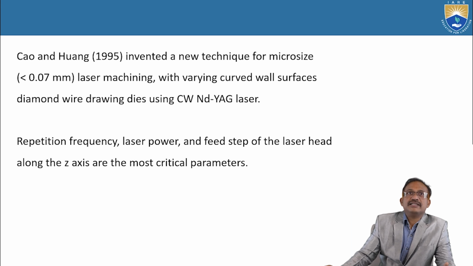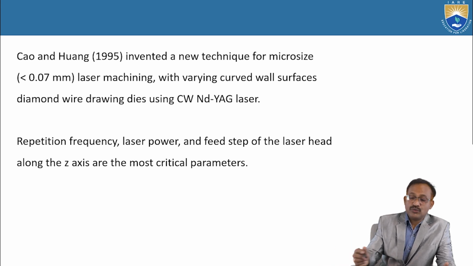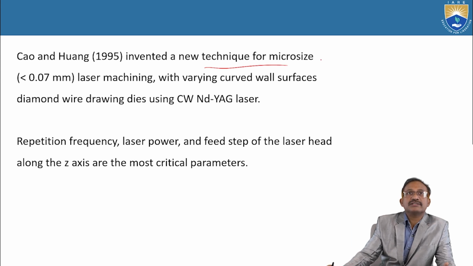During 1995, Kao and Huang invented a new technique for micro size laser machining, that is far below 0.07 millimeters, with varying curved wall surfaces, diamond wire drawing dies using CW Nd:YAG laser.